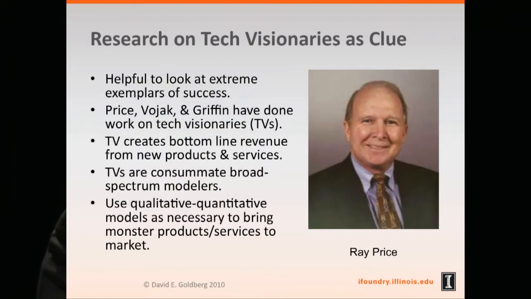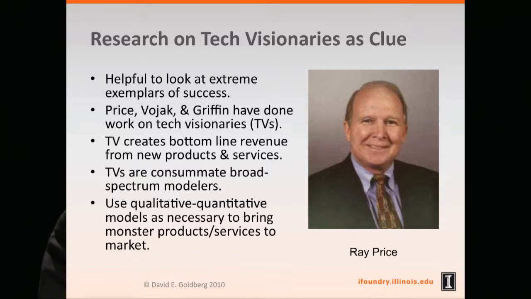Now, one point to drive home is that the best engineers, the engineers who are creating whole new categories of product and service, are usually very agile modelers. This knowledge comes to us from a study by Professor Price, Dean Vojak, and Professor Griffin out in Utah. Professor Price and Dean Vojak are here at the University of Illinois. They've done work on tech visionaries, and tech visionaries are those who create large amounts of bottom line revenue from new products and services.